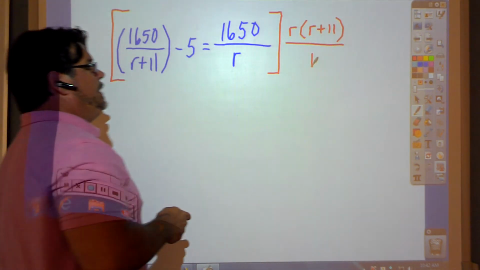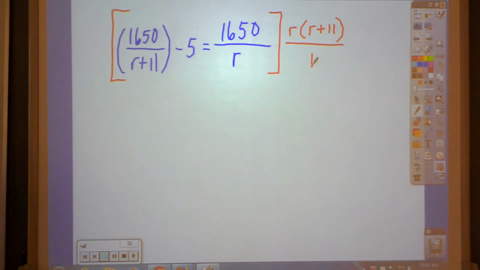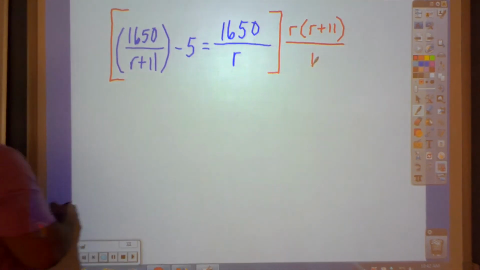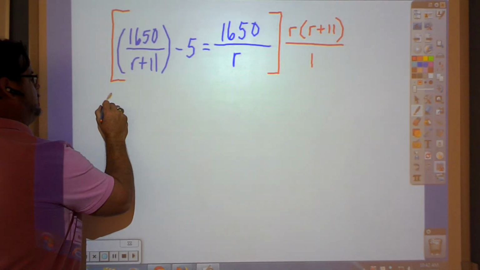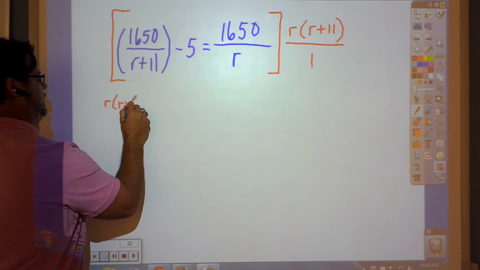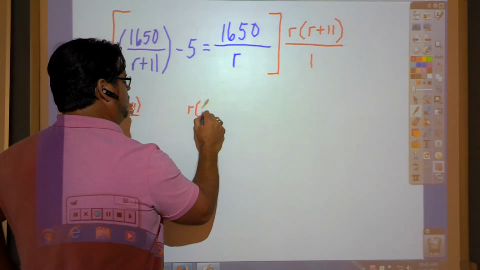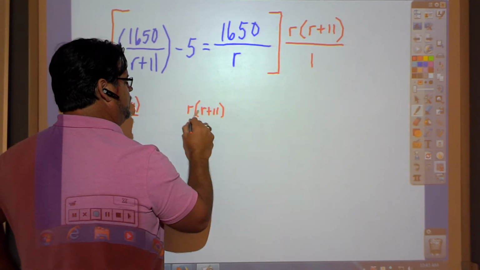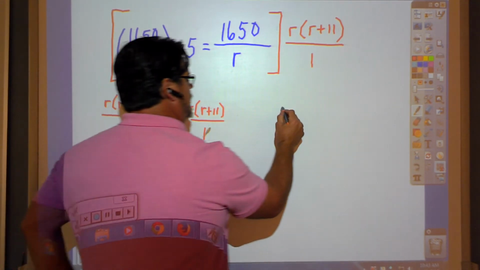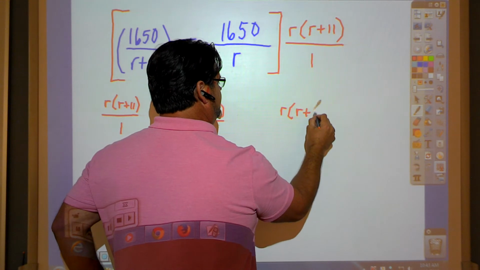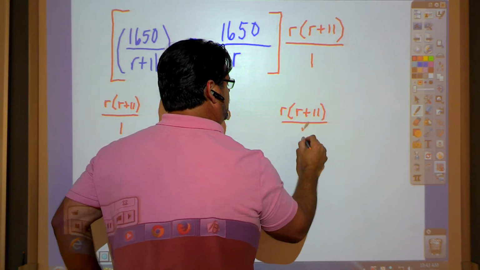And I'm going to multiply through each term by that. So, put a baby step in here. R times R plus 11 over 1.